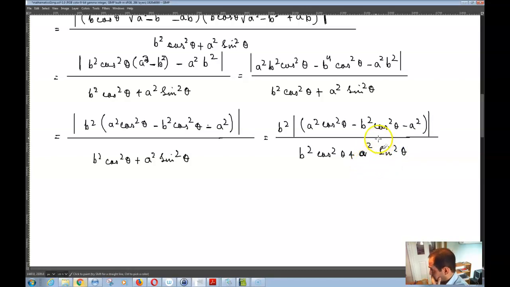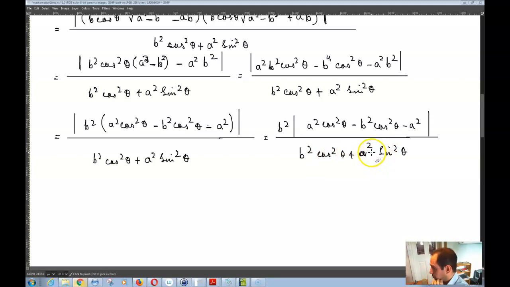And so over here, let me check. I have b squared times a squared cos squared theta minus b squared cos squared theta minus a squared, over b squared cos squared theta plus a squared sine squared theta.